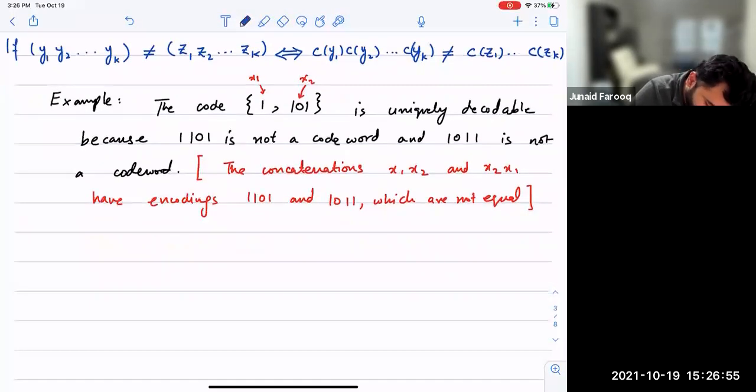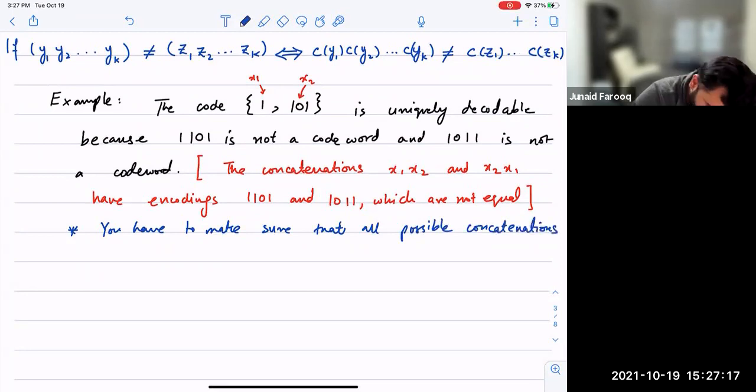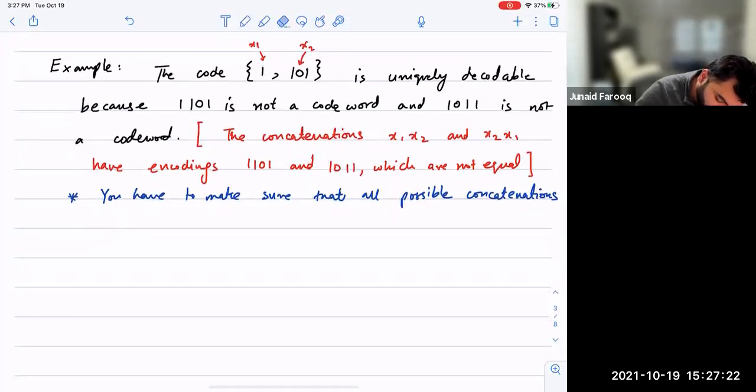So you have to make sure that all possible concatenations have distinct encodings.